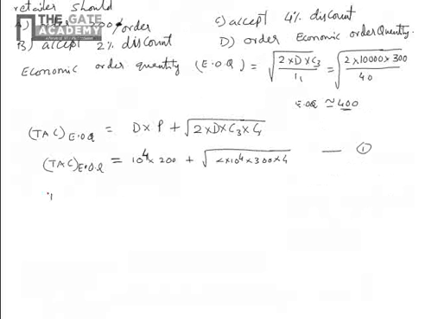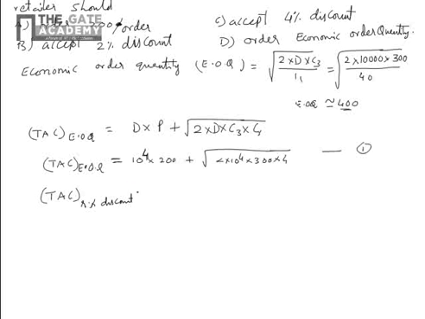So calculate total annual cost with R% discount. For the R% discount, you need to take minimum Q of 1000.